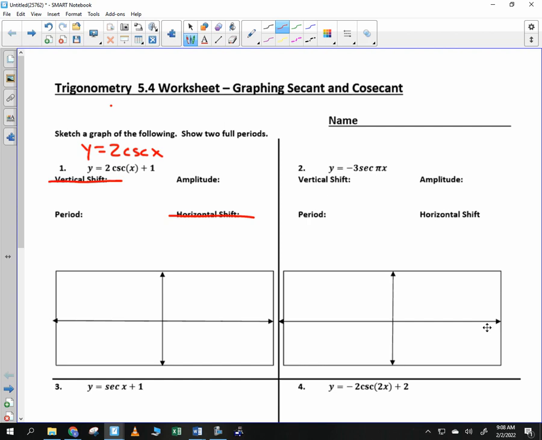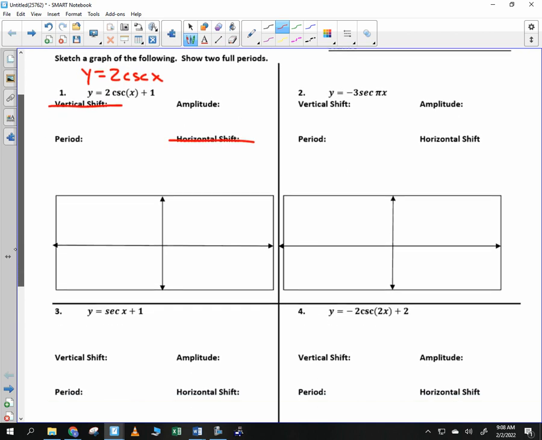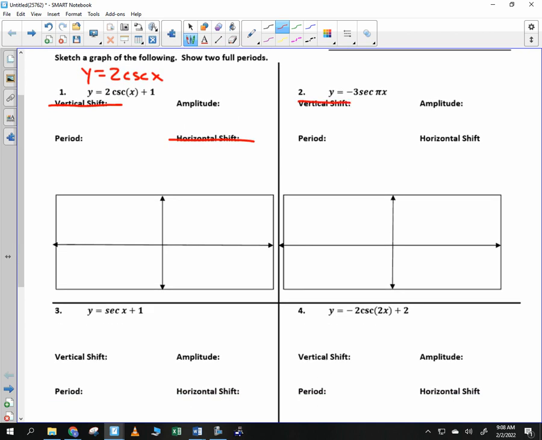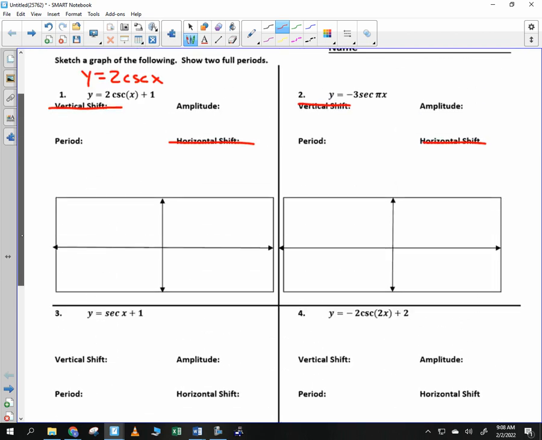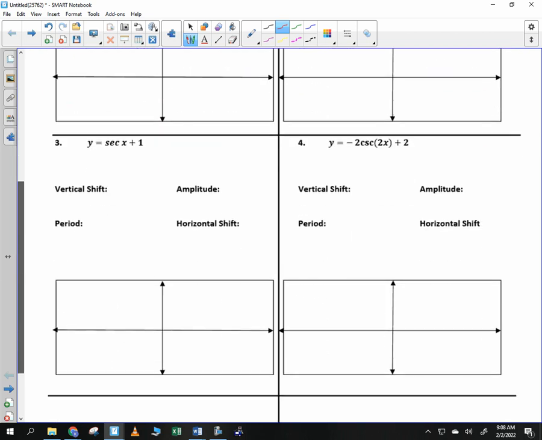We're going to do a total of 6 problems. Everybody see the first one? Second one is fine, just there's no vertical shift and there's no horizontal shift. The third one, you're going to do y is equal to secant of x over 2.